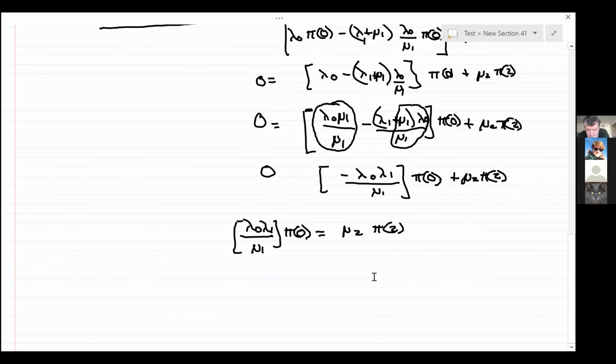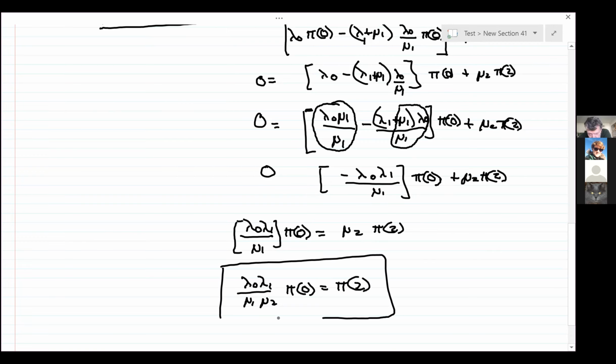And what comes natural is to divide both sides by mu2. So you have lambda 0, lambda 1 over mu1, mu2, pi0, and that equals pi2. And save that.